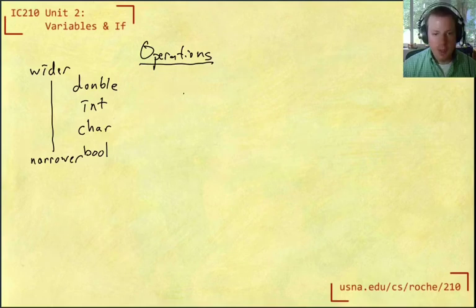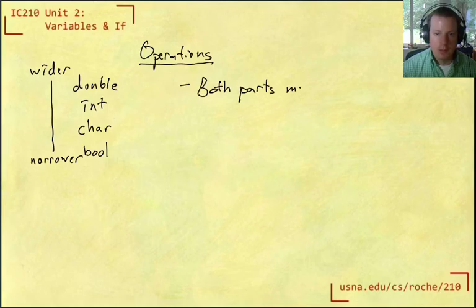And so the rule is, for any operation, C doesn't know how to do any operations except on two things which are the same type. So the first thing that has to happen is both parts must be the same type.